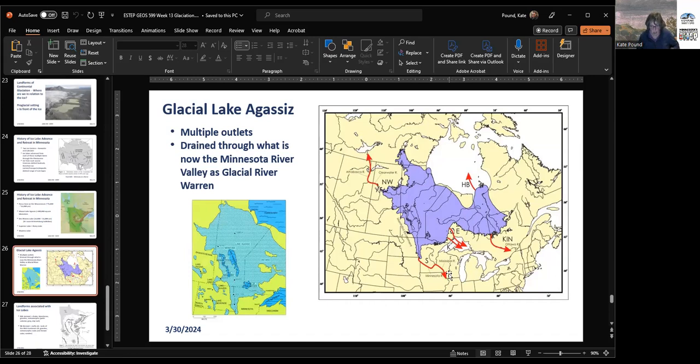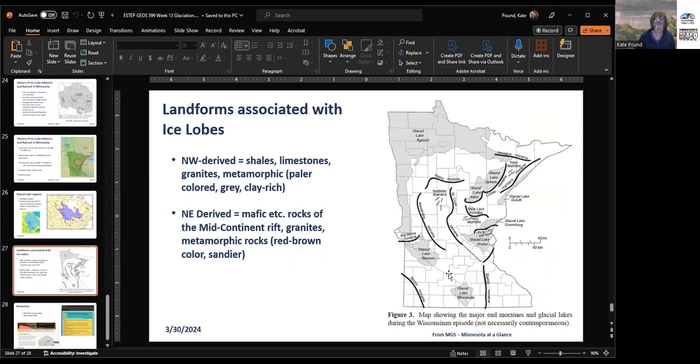So that's the melting of the Des Moines lobe on Glacial Lake Agassiz. So the map here is from the NGS Minnesota at a glance. Take a good look at this, pay attention to the detail.